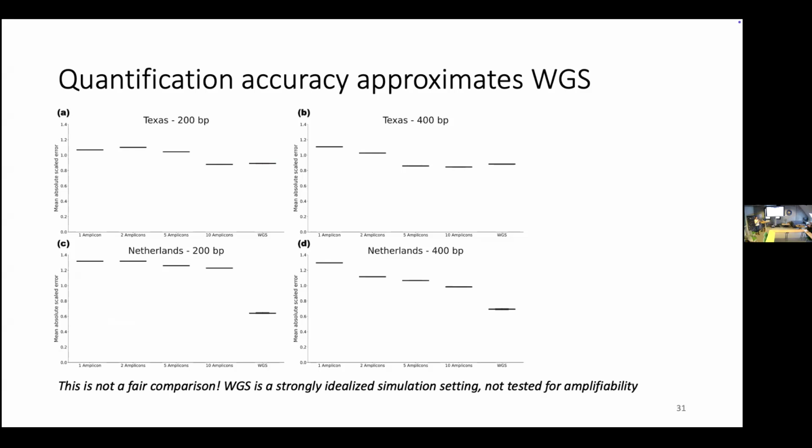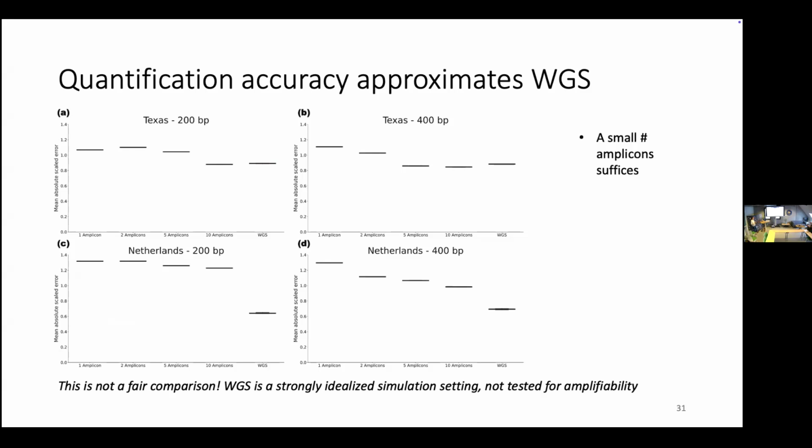If they don't bind, we also don't simulate. So we don't get the data. So our data for amplicon sequencing is much more realistic compared to the whole genome sequencing, which is also based on this tiled amplicon scheme, but there's no check if primers actually bind to the sequences. So the whole genome setting is far idealized and in no way a fair comparison.